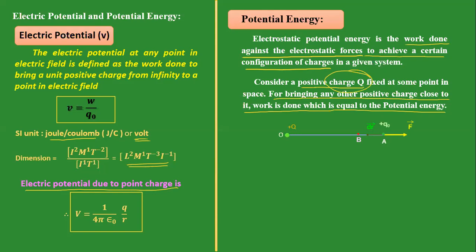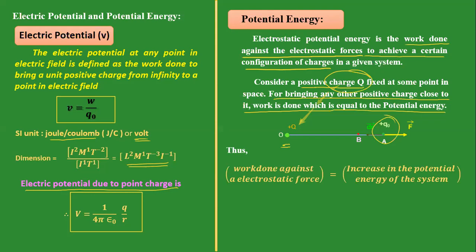Now here you can see a simple diagram. This is charge plus Q. And if we bring any other charge, for example this positive charge plus Q0, closer to this charge, then some work is done. And that work done is nothing but the potential energy.